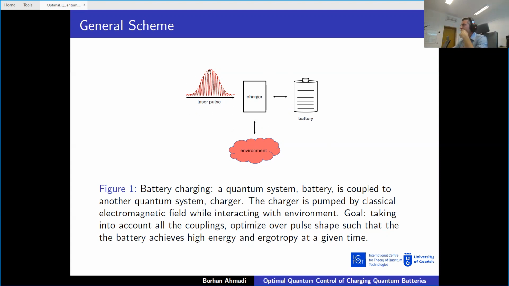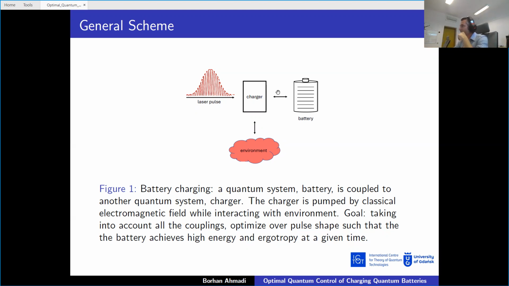In order to do this, we apply a pulse to the charger and we optimize the shape of the pulse such that maximum energy is transferred to the battery. And also we want the energy to be transferred in such a way that maximum work is extracted from the battery. In the following, I will explain how to do this maximum extraction of work.